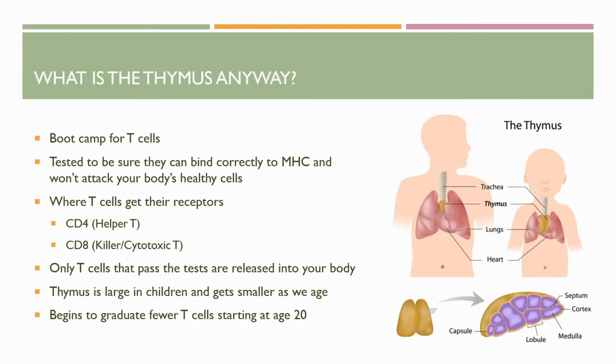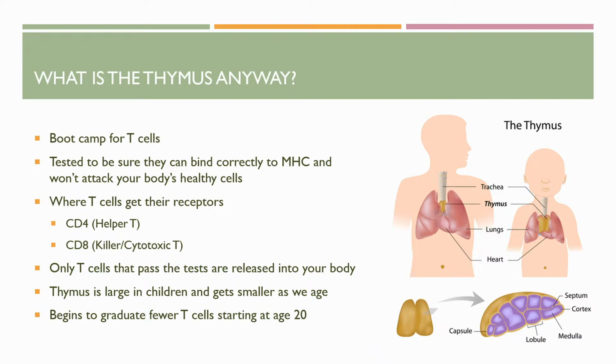But what is the thymus anyway? So the thymus is over here, right below your trachea, in between your lungs. And so this area is essentially a boot camp for T cells. So T cells, they're in the bone marrow, and they move to the thymus when they are maturing.